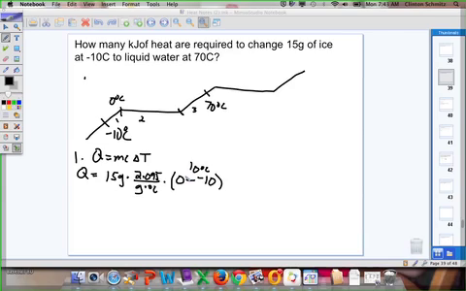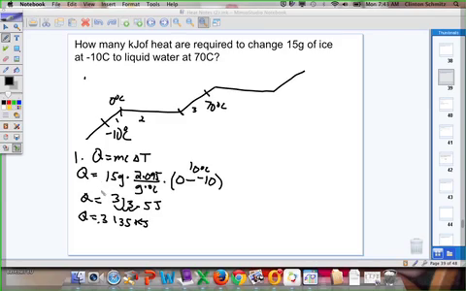Okay, so then you multiply all that out, and you get that your answer equals 313.5 joules. But you want to divide by 1,000 to change it to kilojoules, so you're going to move the decimal 3 spots. And so the heat that's going to be required to warm that ice up is going to be 0.3135 kilojoules. Okay, that's step 1.